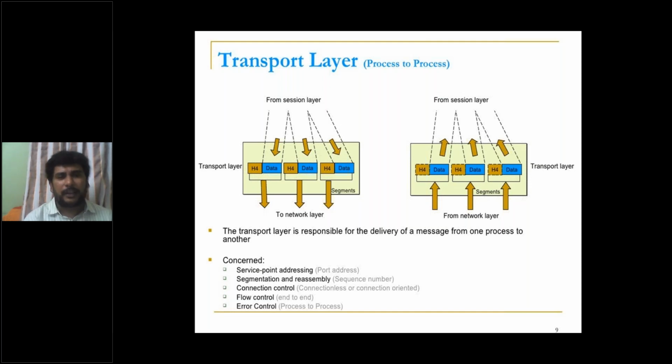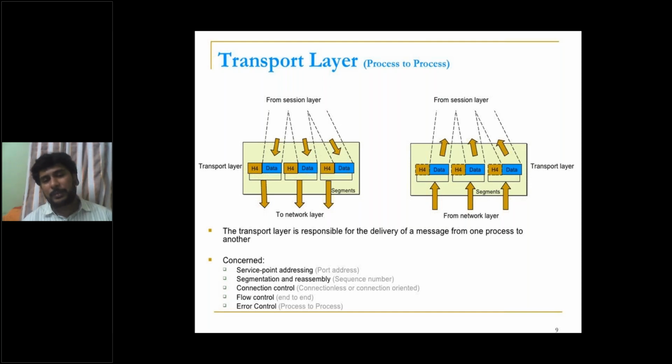And to identify different processes running on a device, each process is provided with a specific number or address called the port address. And the port address is the one which helps in implementing process to process delivery, right?